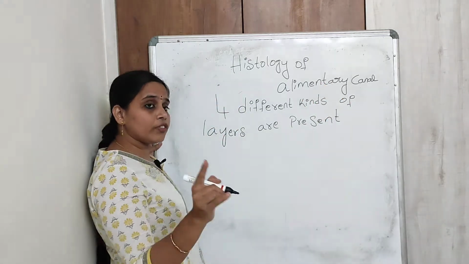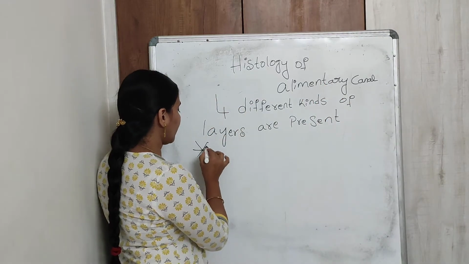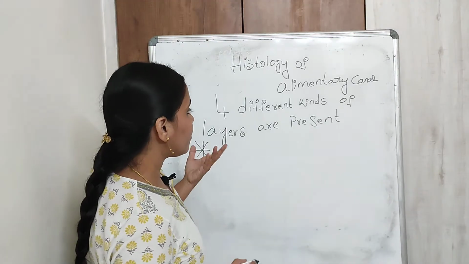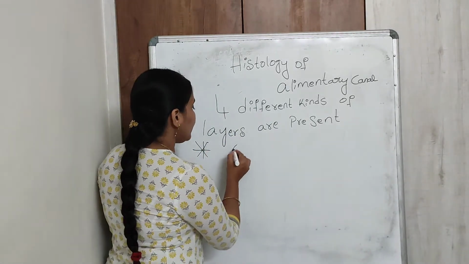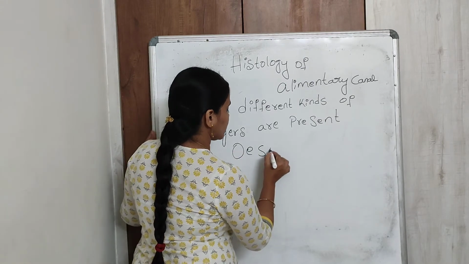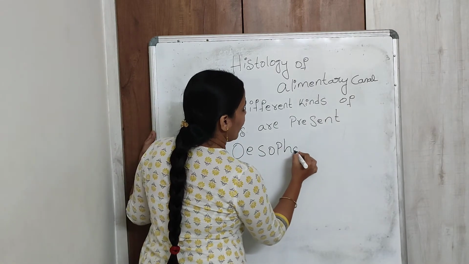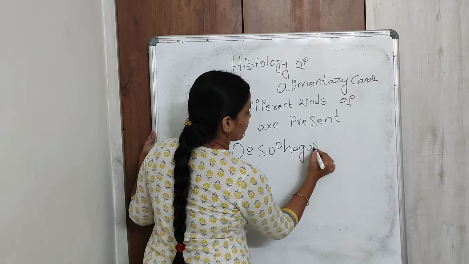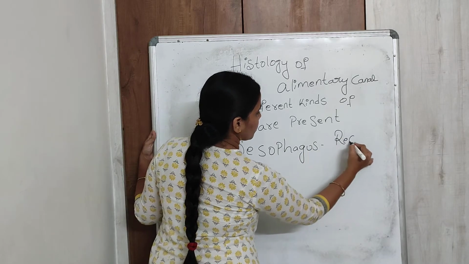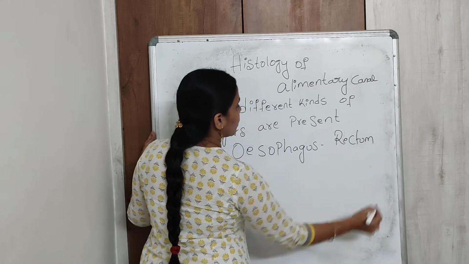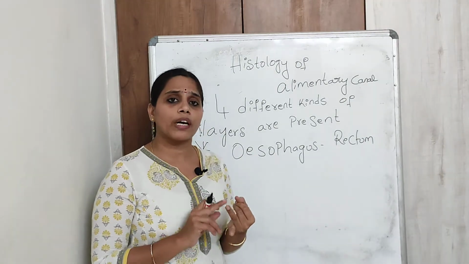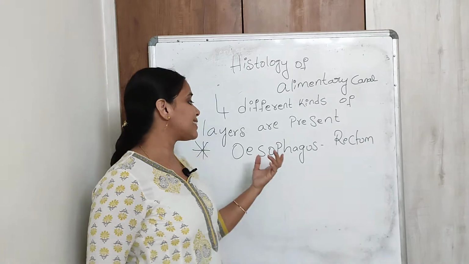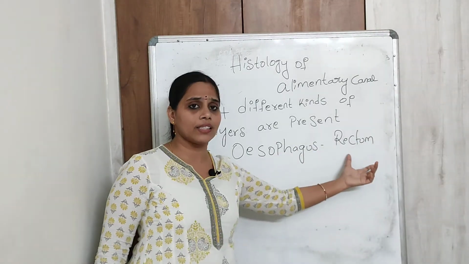Remember this, children, it will start from where? The 4 different kinds of layers start from the esophagus and end with the rectum. So these layers will not be present in the mouth, buccal cavity and pharynx. They start from the esophagus and end in the rectum.